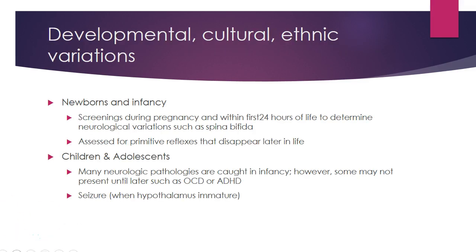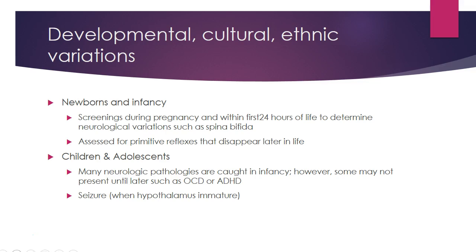So what are some developmental, cultural, and ethnic variations? In our newborns and in infants, there's a lot of screening done, during pregnancy and within the first 24 hours of life, to determine if there are any neurological variations. Spina bifida is one of those neurological variations.